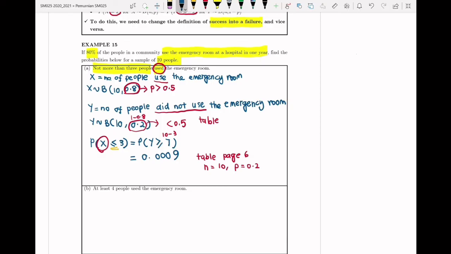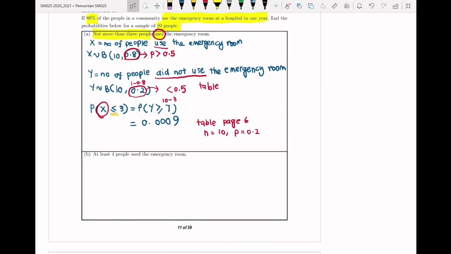Okay, that is question A. For question B, at least 4 people use the emergency room. Again, we have the keyword use, which means the variable is X. At least 4, the minimum number is 4, so X greater than or equal to 4.